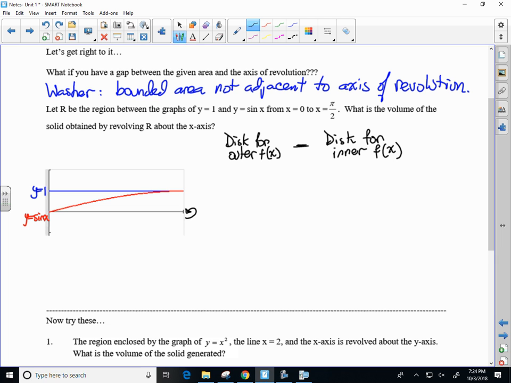Outer and inner is all relative to the axis of revolution. So start with the one that's further away from the axis. Then go to the one that's closer. So I need basically a pi r squared minus a pi r squared. You do it within the same integral, but I really want to emphasize that all this is you doing the disk method twice.